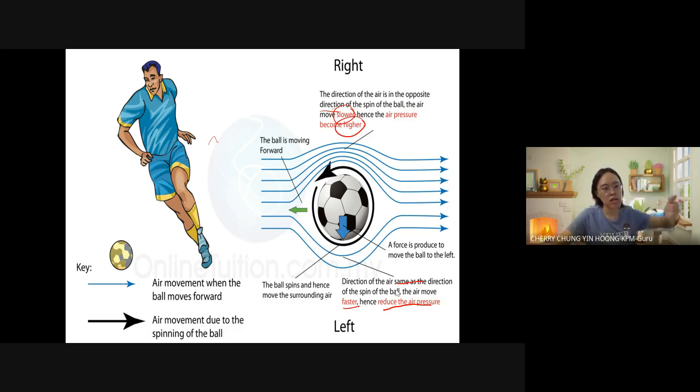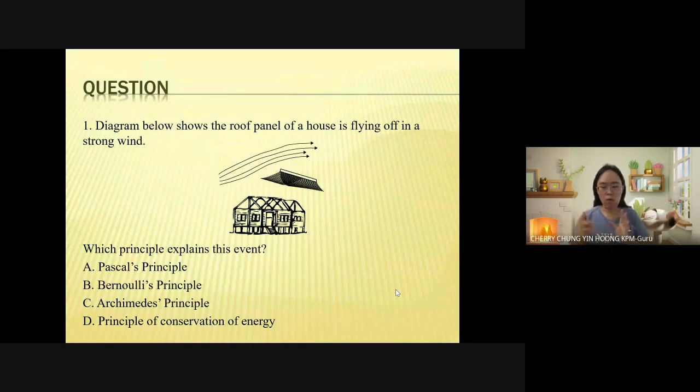So 让它就是可以 curve，然后进去那个球门那边。So banana kick is also one of the examples of application of Bernoulli's principle. OK, with this 我们就已经做完我们的整个 Bernoulli's principle and also chapter 2 already.